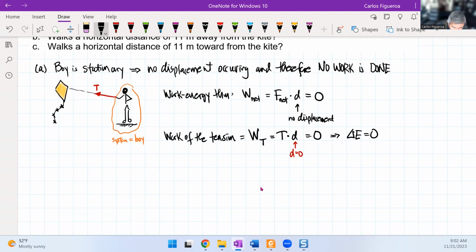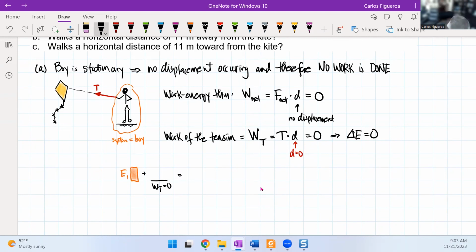If I'm looking at this as a bar diagram, this is my energy of the boy, and it has this amount of energy. And what I'm finding here is that the work of the tension is 0.